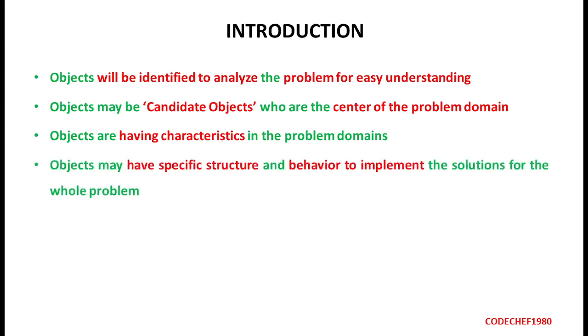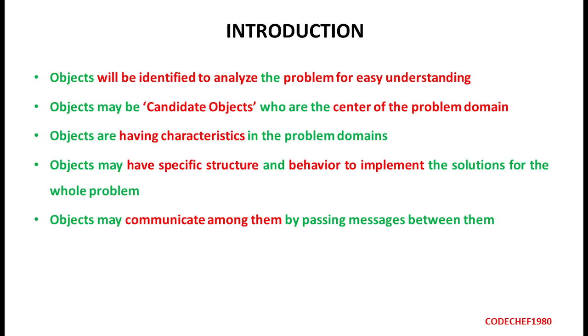Objects have a specific structure and also behavior to implement the solutions required to solve the problem. Objects may communicate among themselves by passing messages. One object may pass a message to another object, and they may collaborate to fulfill the required operations in the software application.